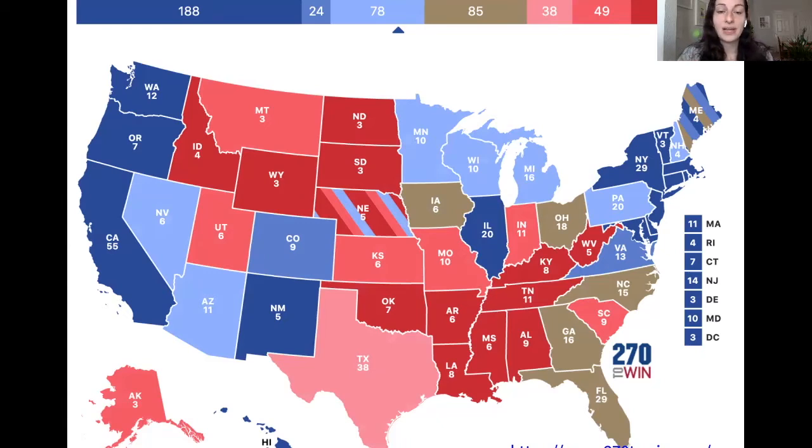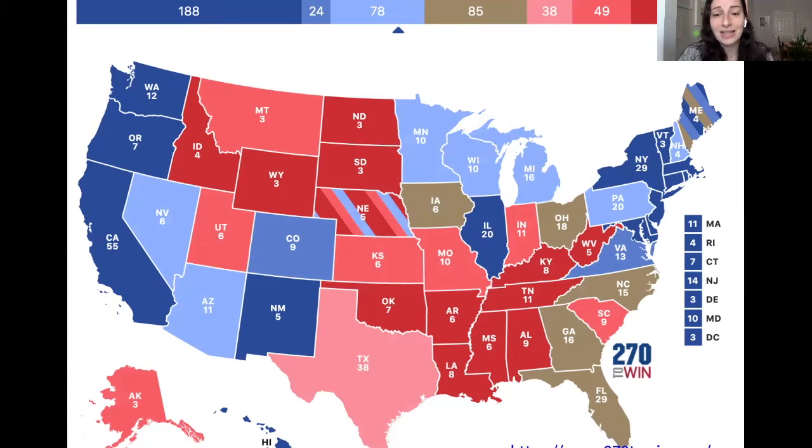It's very interesting because this is a very light shade of pink for Texas, which historically would be much more in the red area. We also see Kansas is likely going to vote for Donald Trump, and Missouri is also in that likely category.